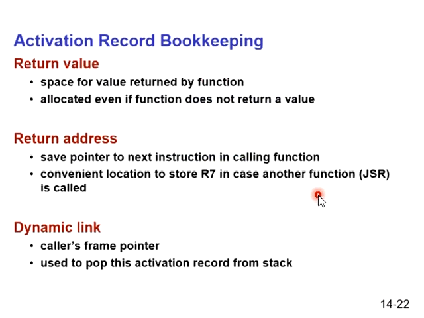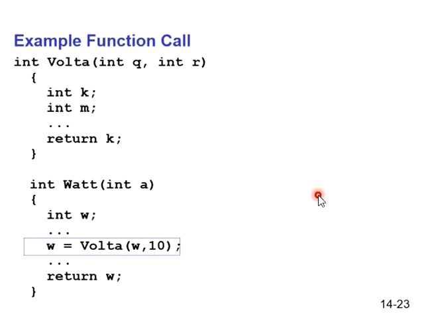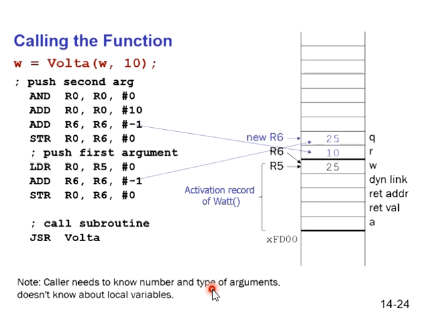For example, we have two functions, with arguments, local variables and a return value, and then we call the function. When you call it, firstly you need to push the second argument, which here is 10. Firstly you initialize the register R0 as 0 and add 10 to R0, so R0 has the value 10.